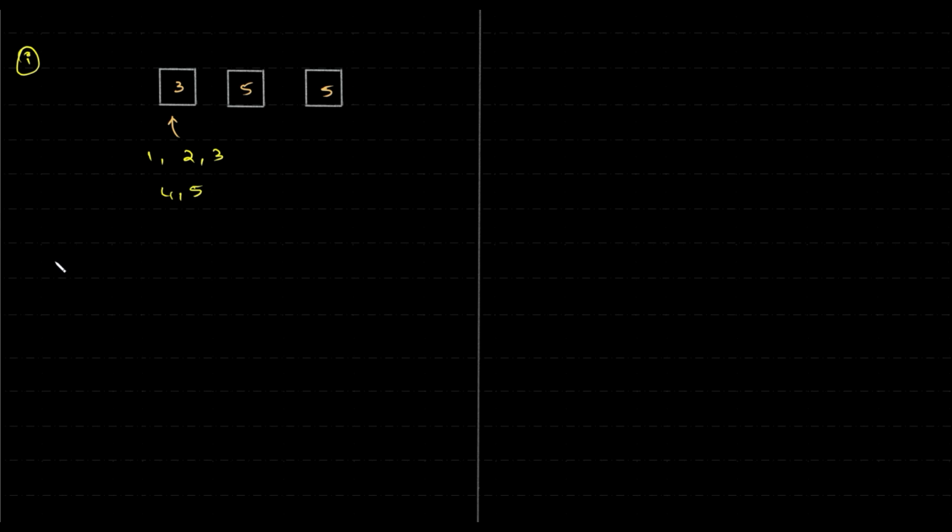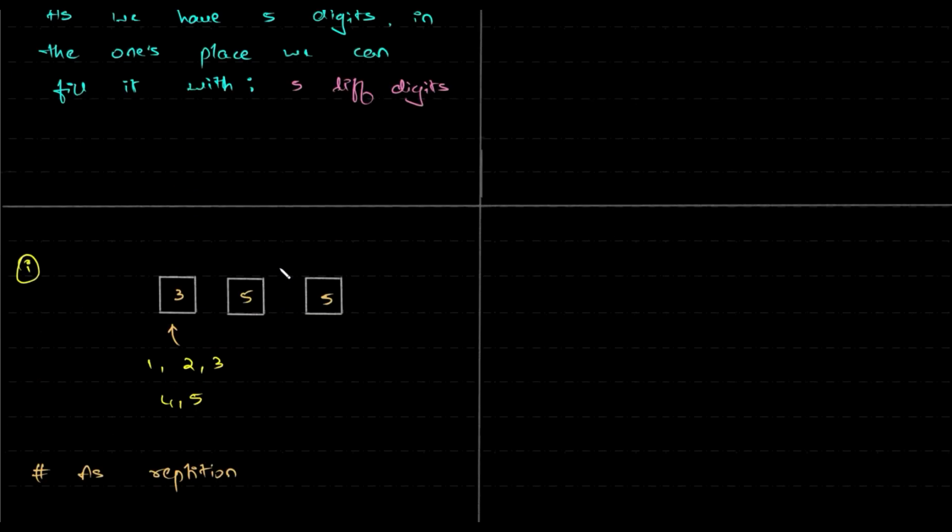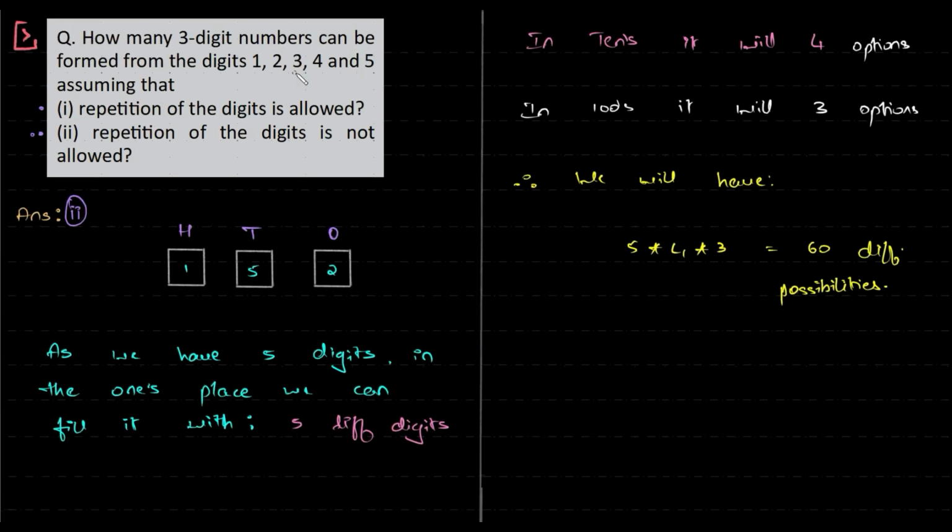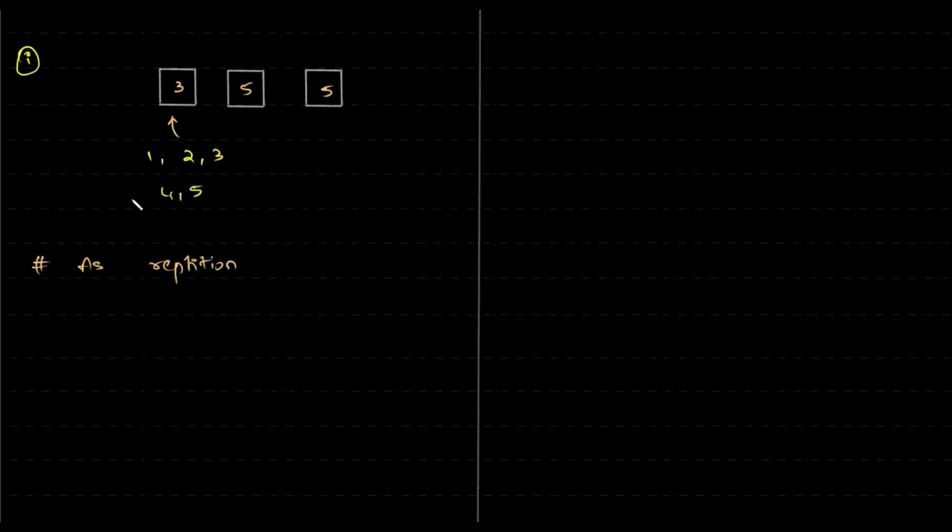So basically, as repetition is allowed, for a 3-digit number using the digits 1, 2, 3, 4, 5, we have 5 into 5 into 5.